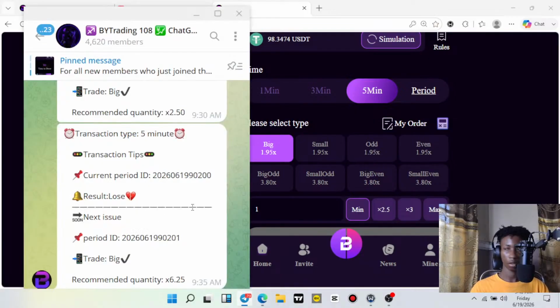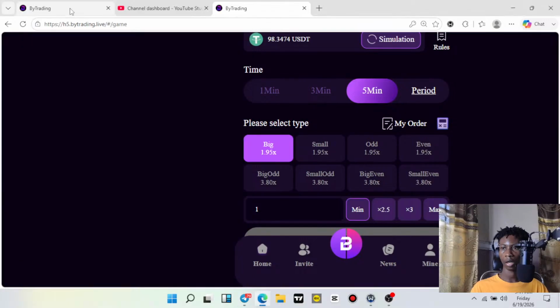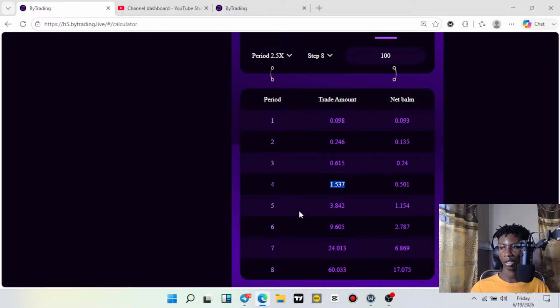So let's wait for them to update us on the rate. Actually, if we start encountering these unnecessary losses, we don't have to panic as long as we are following their calculator phases.